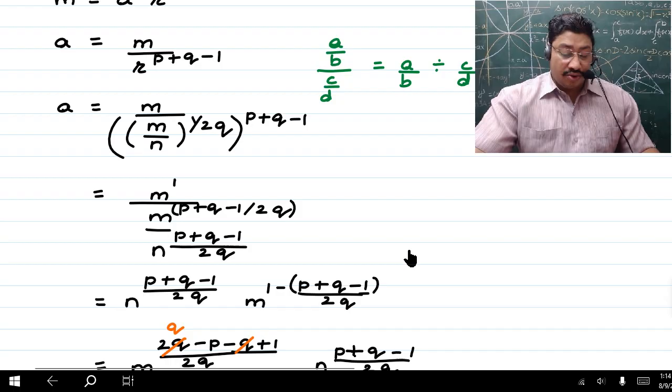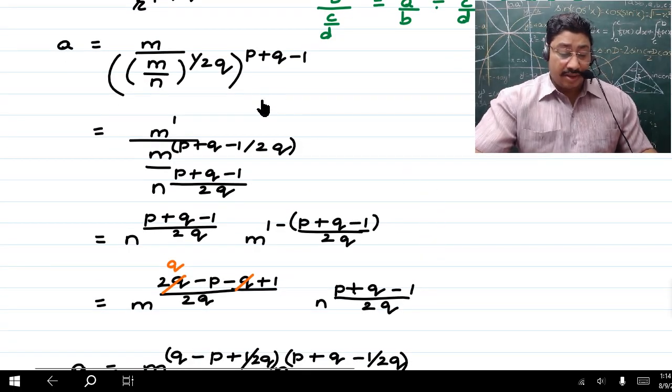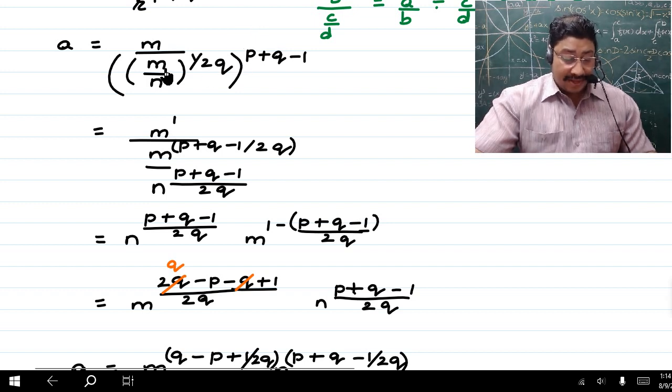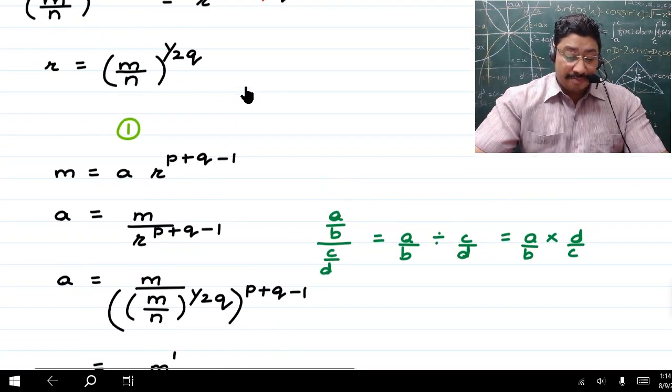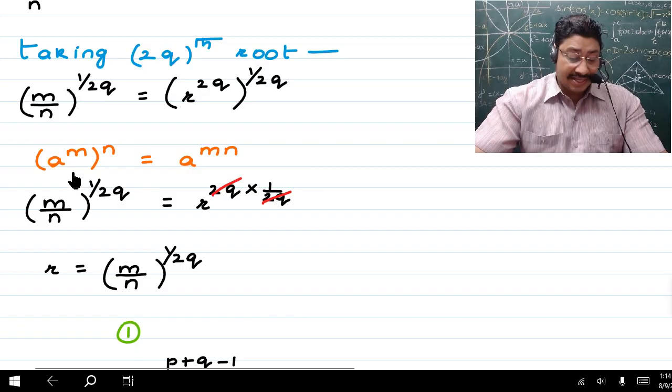Now next children, here we get to see that if we now bring this fraction to the numerator, it will actually become n upon m, and these powers will remain as it is. So first we'll solve these powers, as again here the power rule of indices gets applied.